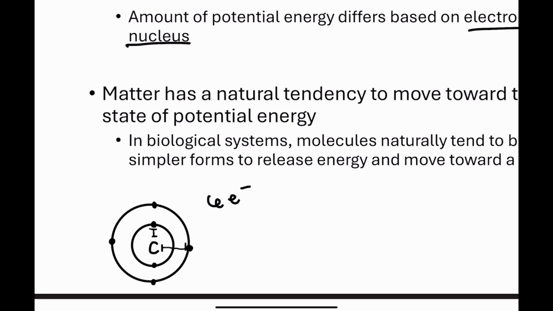That is what we're talking about with potential energy: the greater the distance between an electron and the nucleus, the greater the potential energy of that atom.